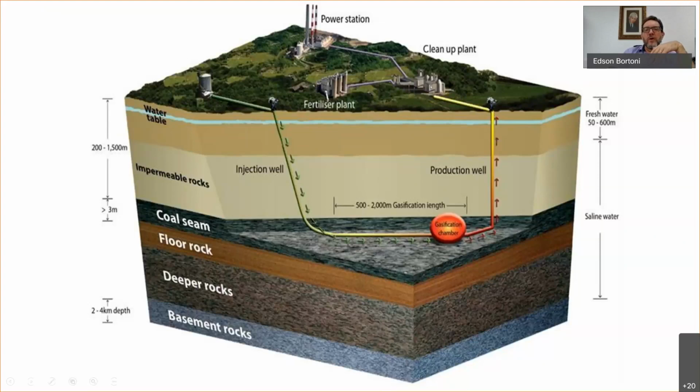But here we have to clean this steam, because it comes with a lot of dirt from down in the earth, mainly sulfur. But you can make fertilizer from that, and the steam goes to the power station. So you have here the Rankine cycle.